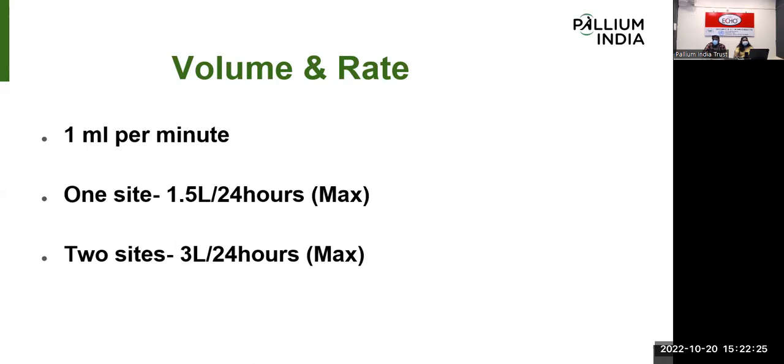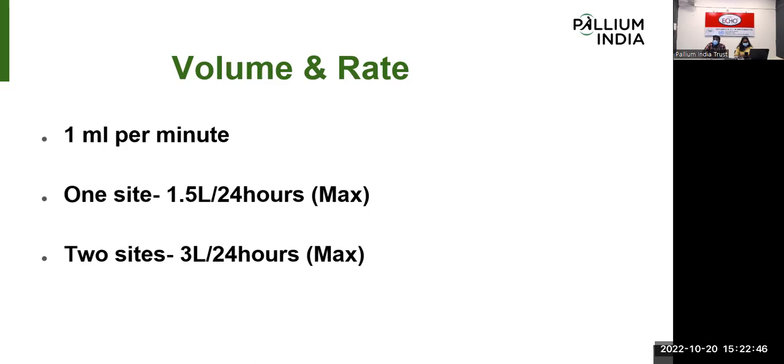In total, on two sides we can give 3 liter or 6 pint or 3000 ml of fluid subcutaneously within 24 hours. Maximum 2 sites only are possible. These are the volume and rate I am telling.